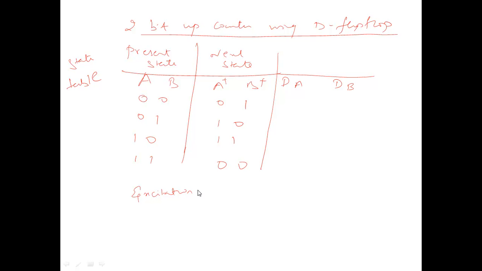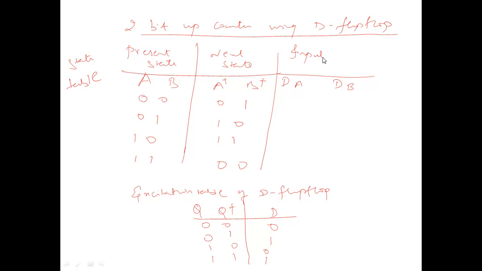The excitation table of D flip-flop: Q, Q plus, D. 0, 0 gives 0; 0, 1 gives 1; 1, 0 gives 0; 1, 1 gives 1. It's nothing but 0, 1, 0, 1.